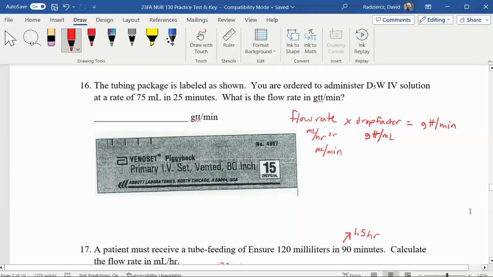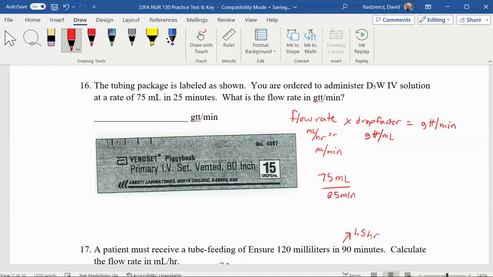So let's answer this question. If you have already worked through this and you want to go ahead and put the answer down, go ahead. If you want to wait, I'll show you how I do this, then you can look at the next example when I give you one. So I'm going to take the order, or the flow rate, which is 75 milliliters in 25 minutes.